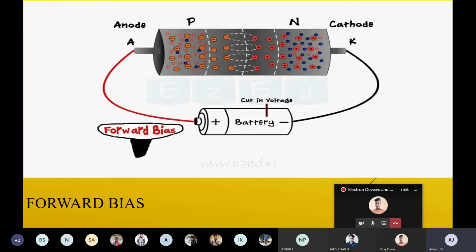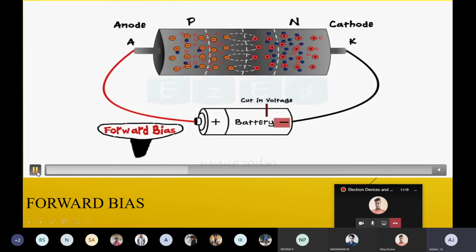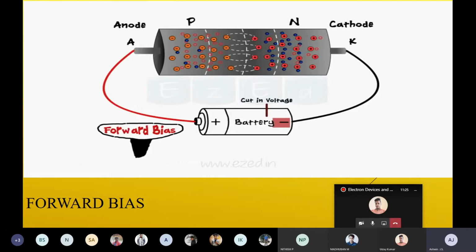Due to this potential difference, the positive magnitude will push the holes towards the junction. The center one is the junction. While forming the junction, we connect P type and N type together, and the free electrons and holes nearby the junction recombine and create a small depletion layer.